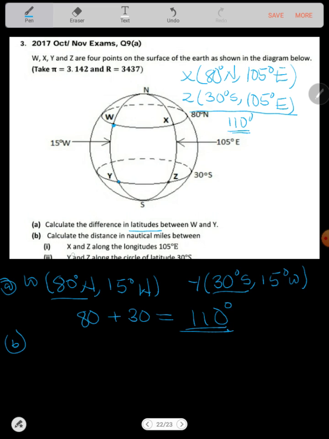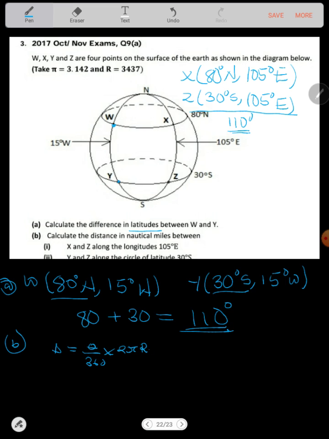So to find the distance between X and Z, we're going to say the distance is equal to theta over 360 times 2 pi r.